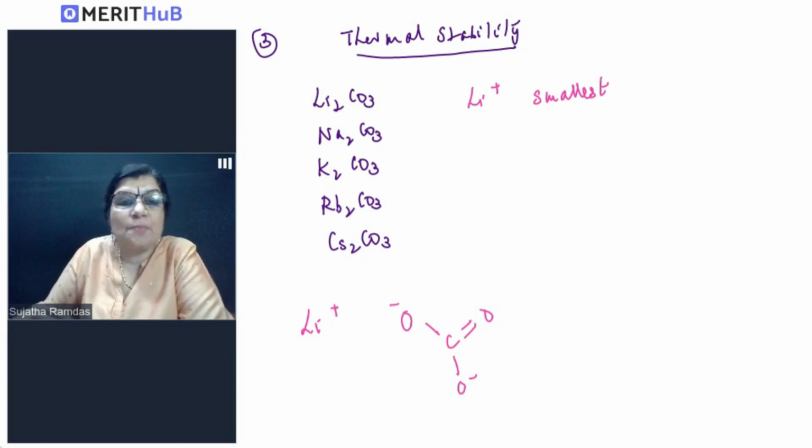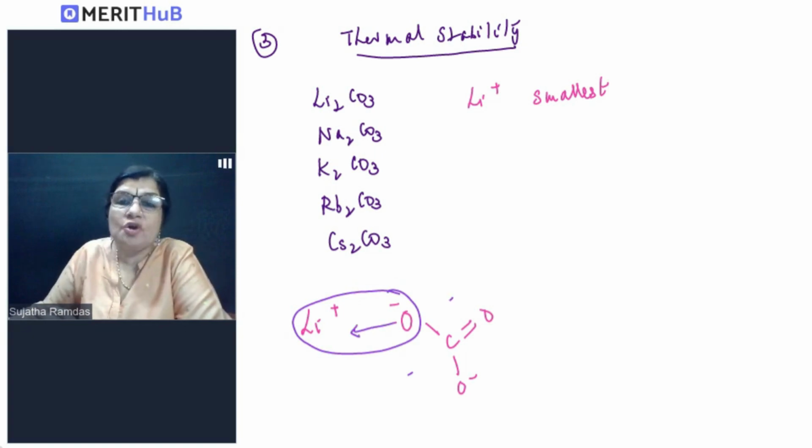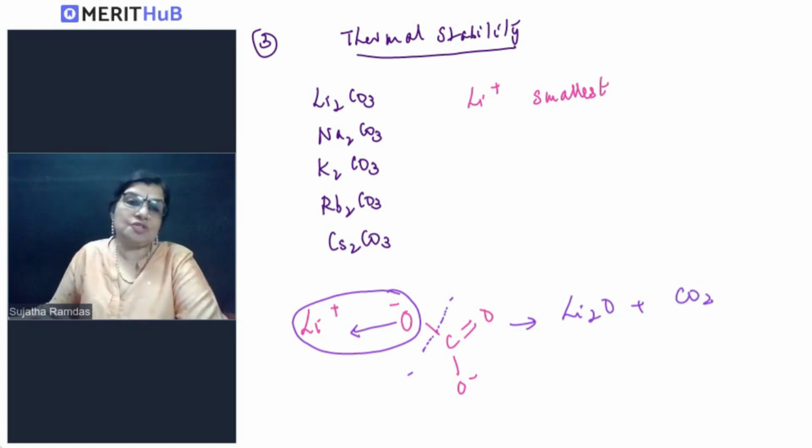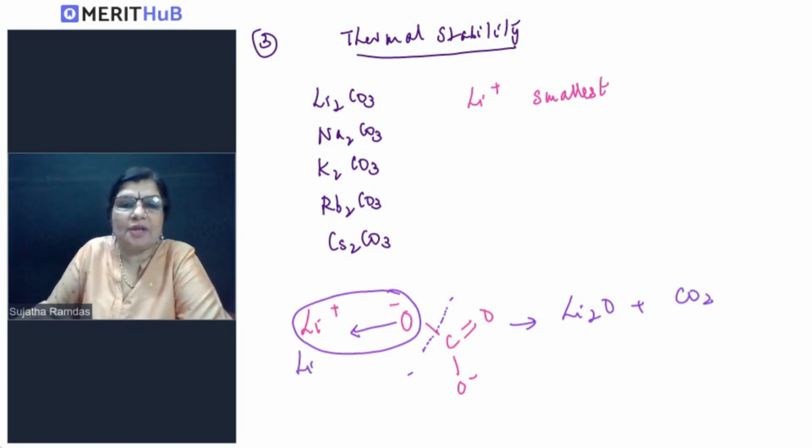Now because of the small size of the lithium ion, it will attract or pull the electron cloud of the oxide ion towards itself, forcing the breaking of this bond, resulting in the formation of lithium oxide and carbon dioxide. So we need two lithium ions here.